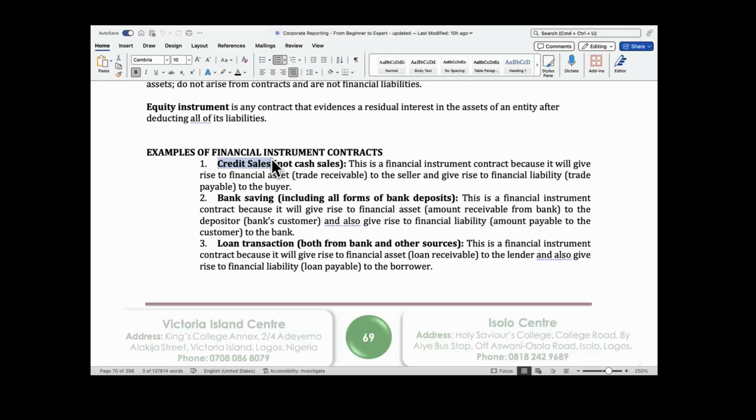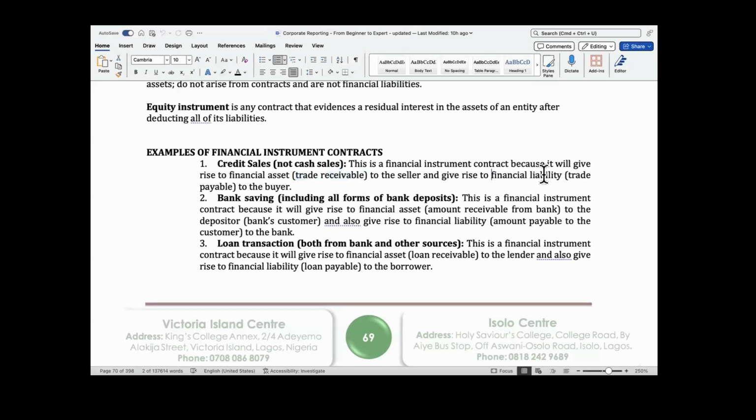Credit sales meet that definition because there is always a contract when you sell on credit. You'll have given an invoice. There must have been an agreement. And it gives rise to financial asset of one entity, who is the entity that has a trade receivable, the seller.